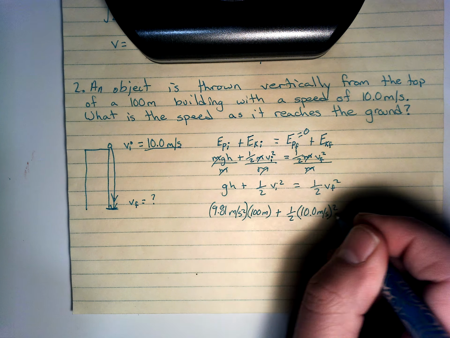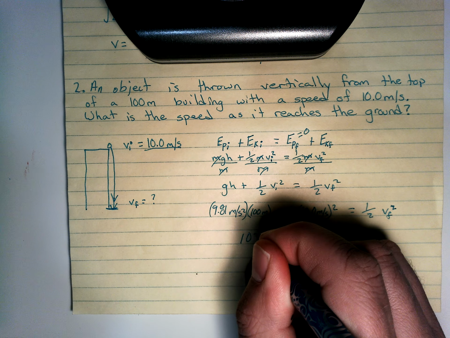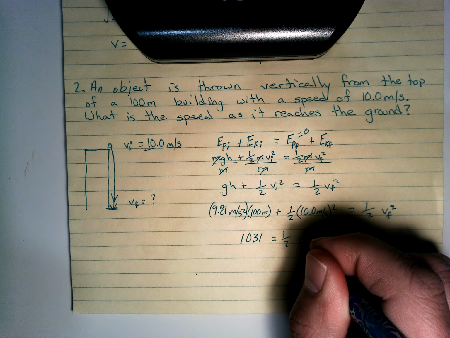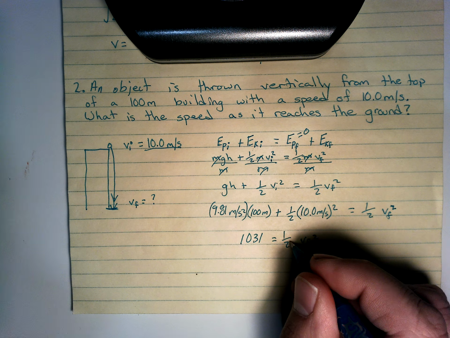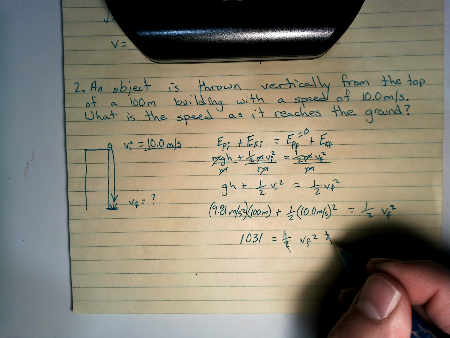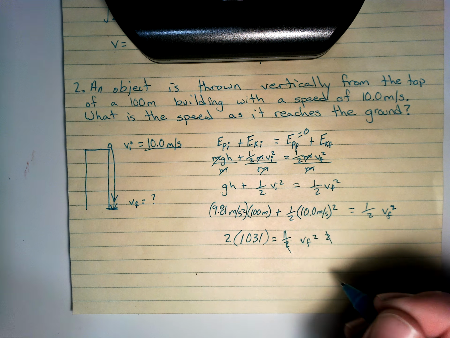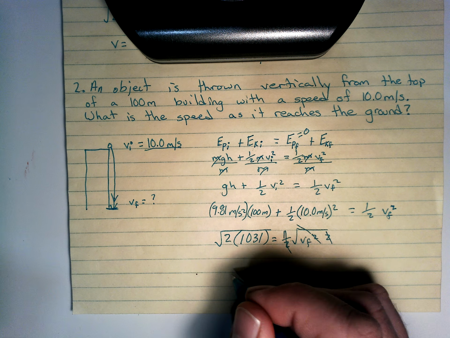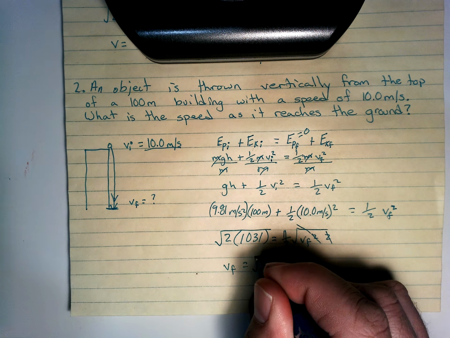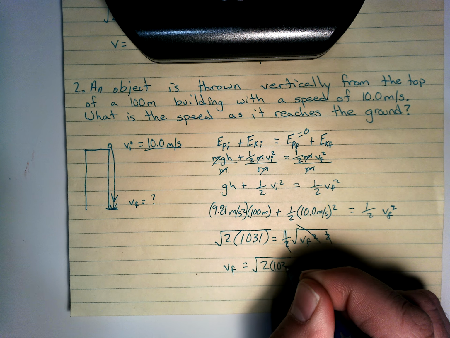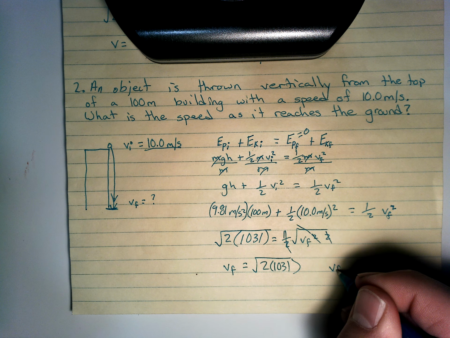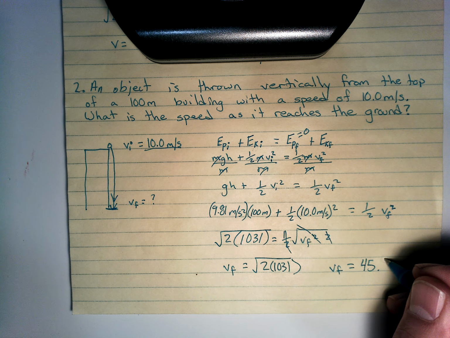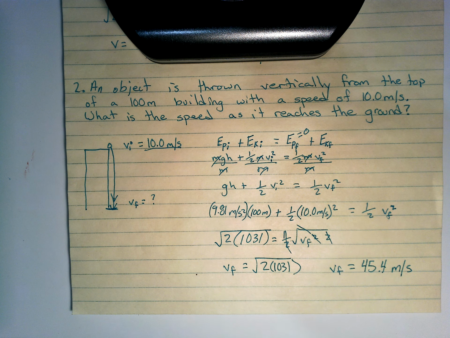This side altogether equals 1,031, which is equal to 1/2 vf squared. We multiply both sides by 2 and square root both sides, so vf is equal to the square root of 2 times 1,031. Our vf is equal to 45.4 meters per second.